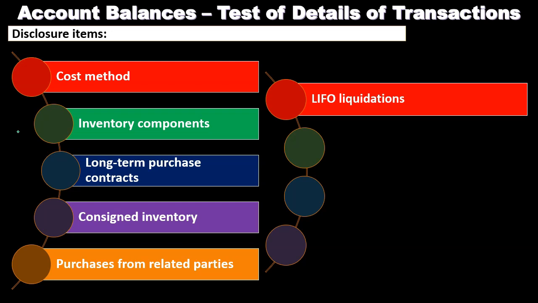LIFO liquidation. You'll recall that LIFO of the inventory flow methods is the funniest one because it's the opposite of what you would expect the company would want as an inventory flow, although it's just an assumption of inventory flows. And so if there's a LIFO liquidation, then that's something that we want to basically consider as well.